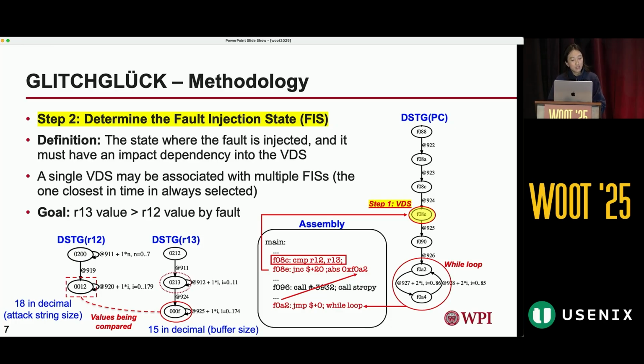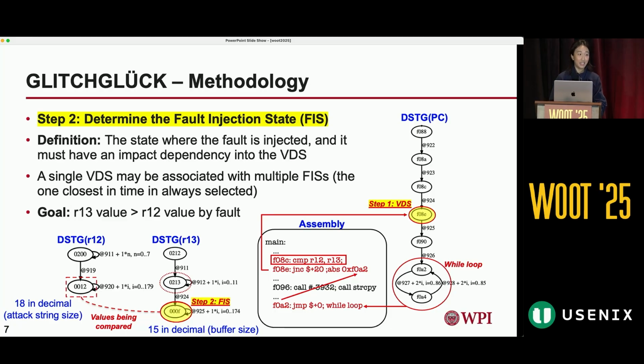We can see that the value at register R13 right before the value being compared is the hexadecimal value 213, inserted before the 15 in decimal, the buffer size. If we could fault the transition from 213 to F, the value eventually stored in R13 will be greater than the value in R12.